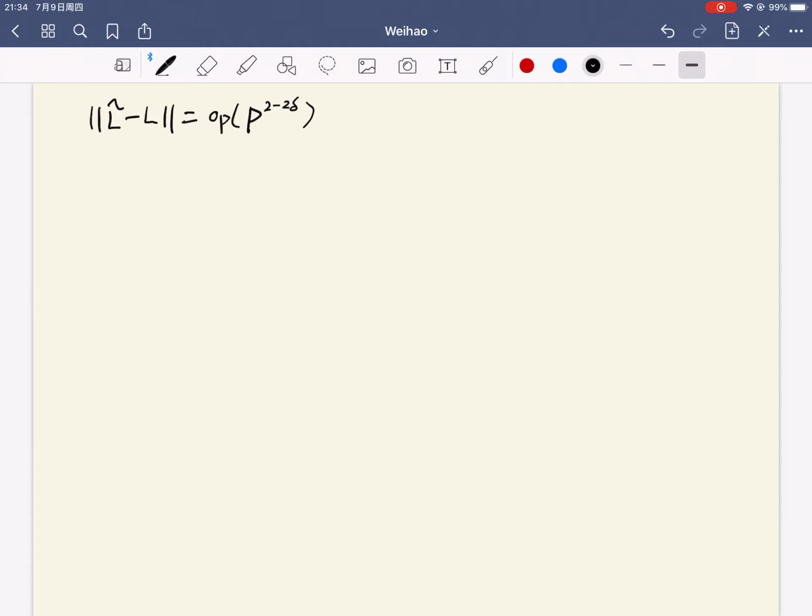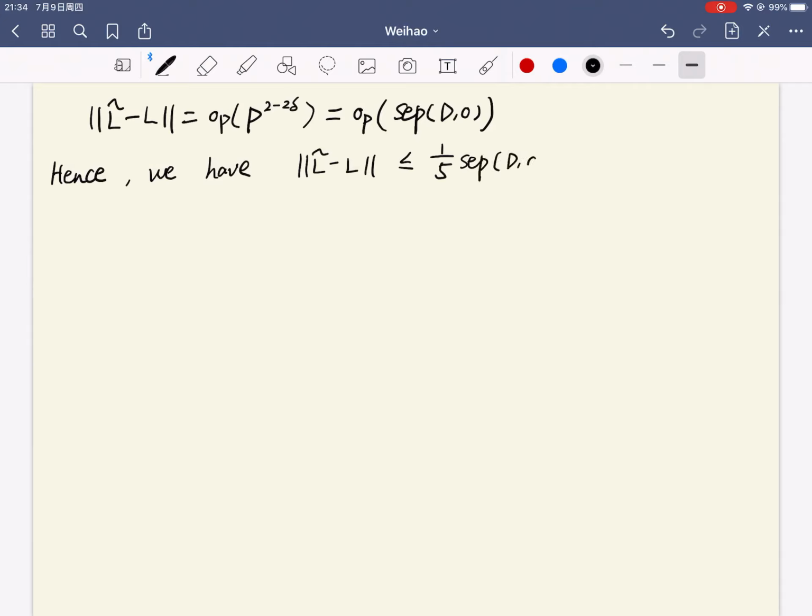So combining these two, we know this is also little o in probability of the suppression. Hence, we have the perturbation for L less or equal to 1 over 5.